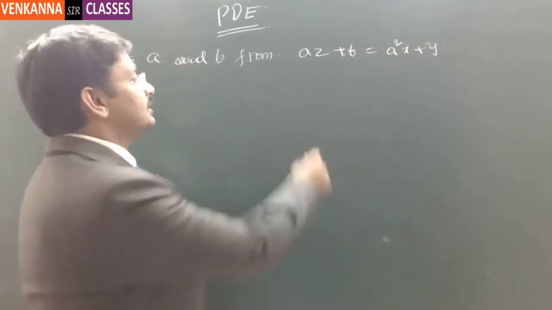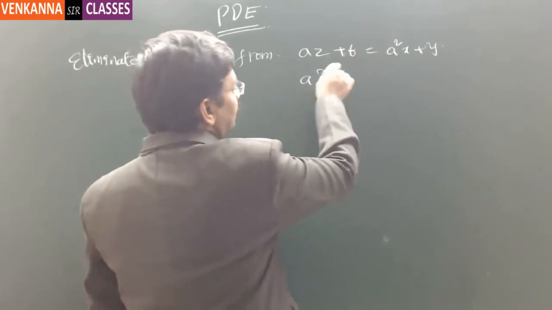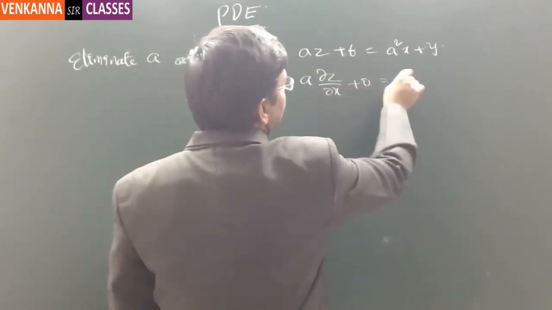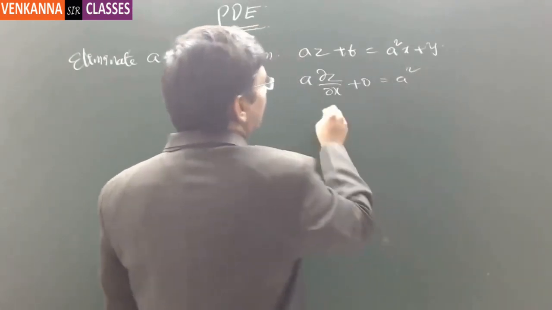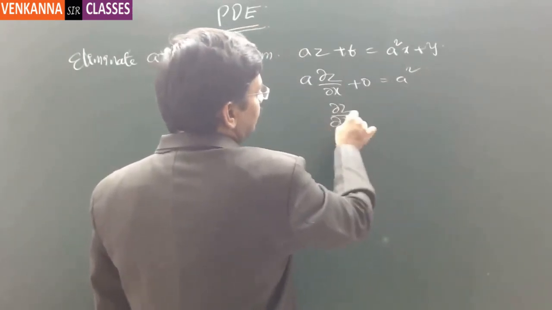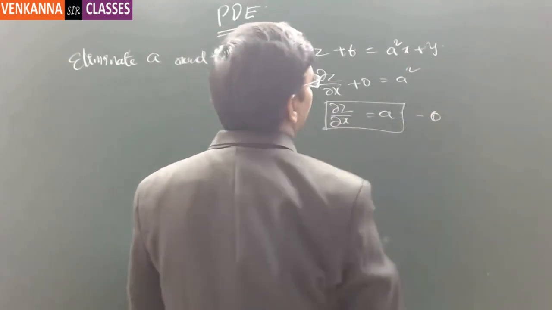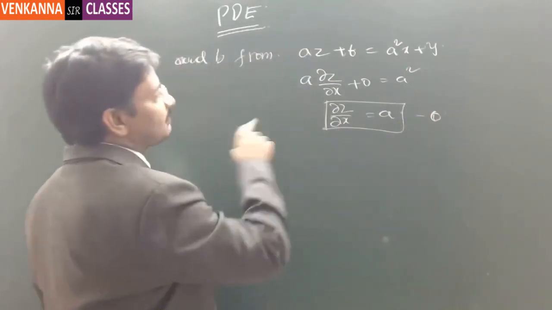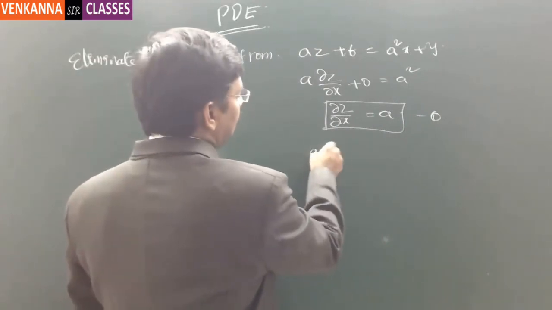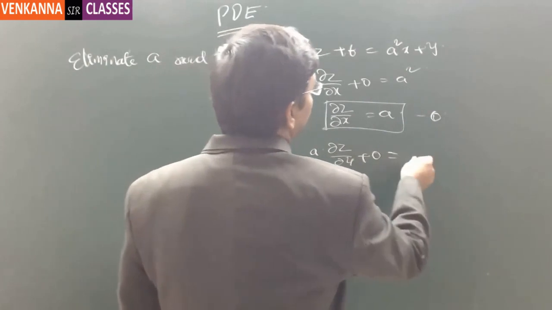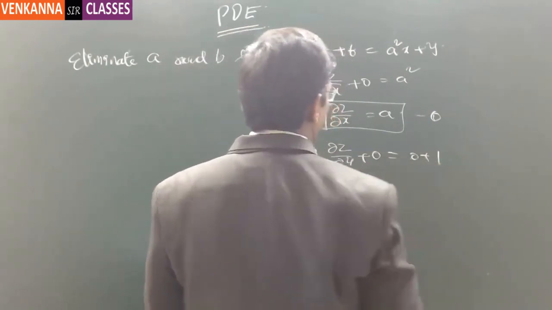Now here, if you take the derivative, A dou z by dou x plus 0 is equal to A square, or dou z by dou x equal to A. So this is equation number 1. And the second one is, take the derivative with respect to y, then A into dou z by dou y plus 0 is equal to 0 plus 1, right?